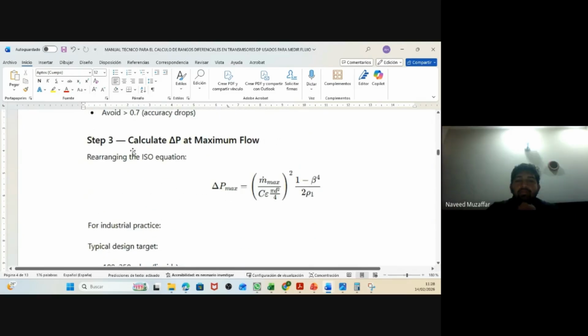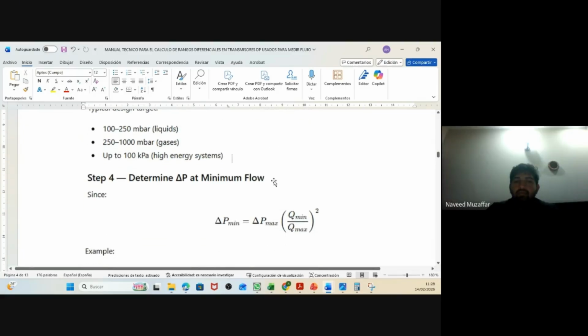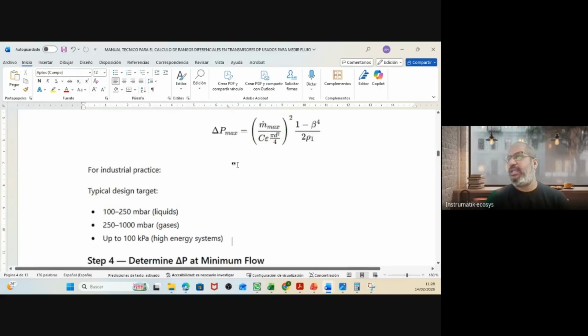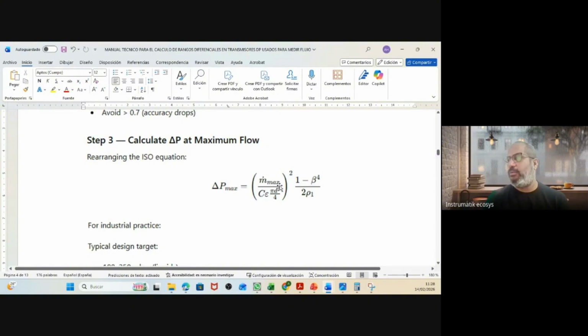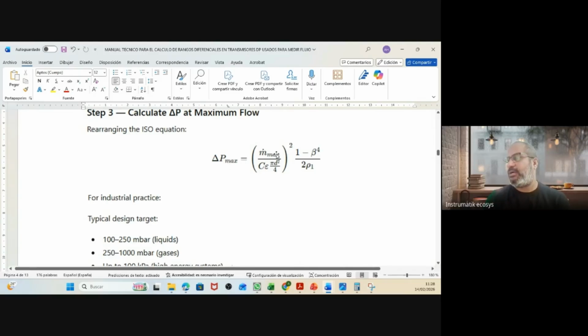In step 3, you get delta P maximum. You only need max flow, these coefficients, area, beta ratio, plus density. With these parameters, you can find delta P maximum.